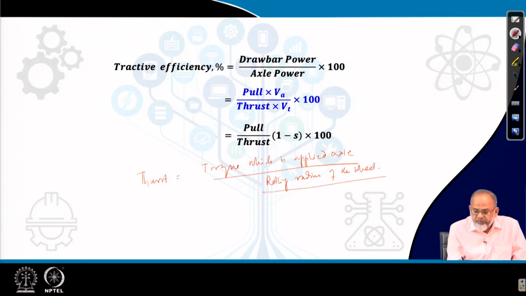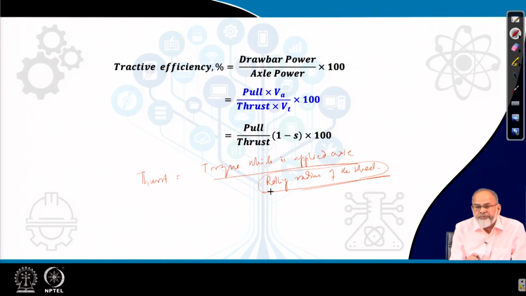For measuring the rolling radius of the wheel, we first have to find out how much distance the wheel covers in one revolution. If I measure that and divide it by 2 pi, that will give you the rolling radius. This has to be carried out at 0 slip, that means we are not applying any pull.